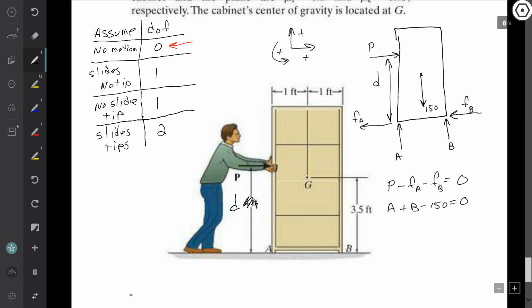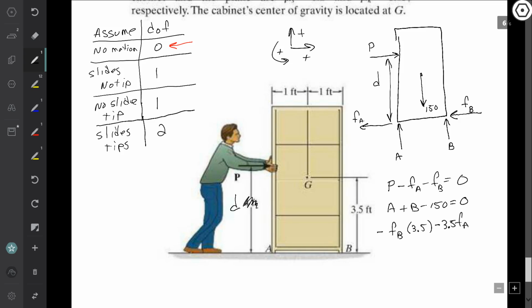And then summation of moments around the center of mass. I have FB times 3.5. Excuse me, that's a negative, because it would tend to rotate clockwise. I also have a minus 3.5 FA.